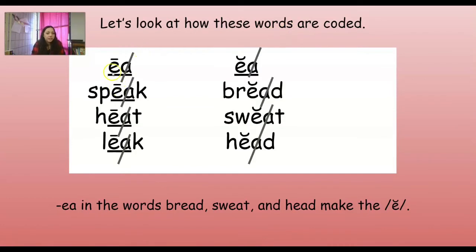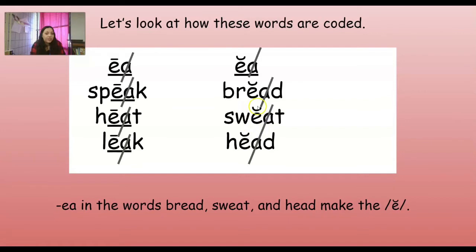Let's look over here. In this one I have eek, eat, eek. Since you hear the long E, we have the macron on top and then we have that A crossed out. Look over here though. We have ed. Since it makes that short sound, look, I've got the breve on top, but I still have the A crossed out.